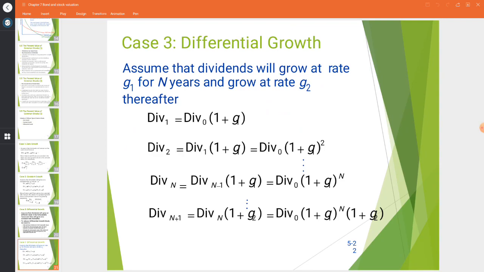In this case, DIV N plus 1 will equal DIV0 multiplied by (1 plus G1) to the power of N, multiplied by 1 plus G2.